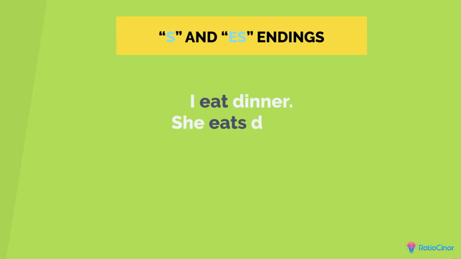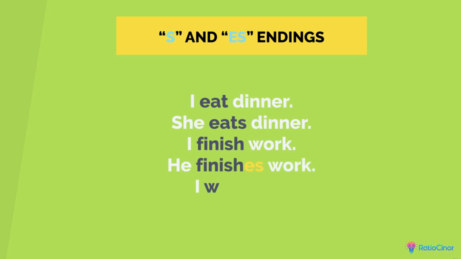For most verbs, just add s. I finish work. He finishes work. Add es to verbs ending in sh. I watch TV. She watches TV. Add es to verbs ending in ch.